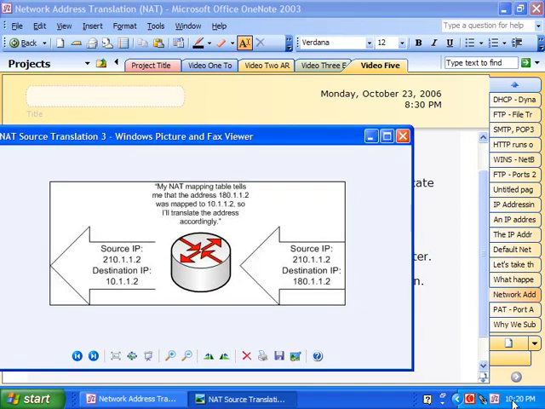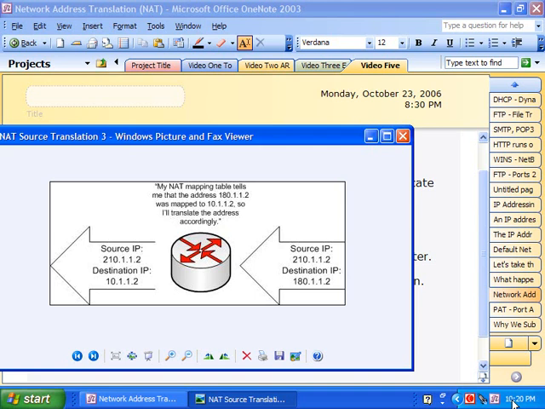So at this point, with the arrows coming back in, the packets are returning, and they have a source IP address of 210.1.1.2. That's not any problem. The destination IP, though, is 180.1.1.2. And the NAT router is going to look at that destination IP and say, okay, wait a minute, I'm going to check my NAT mapping table because I know I mapped that address to a private address.